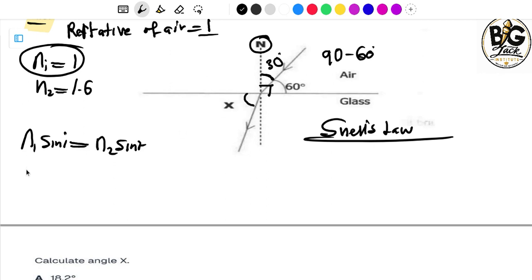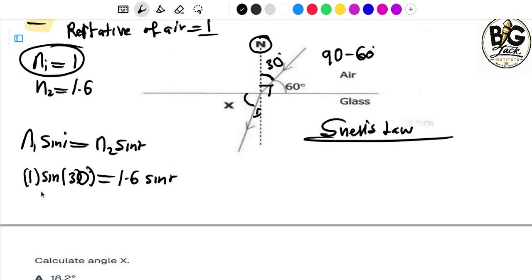Alright, so we have 1 here, and then sine of the incident angle, which is 30. Then this is going to be equal to 1.6 here, then sine r. The first thing we have to do is calculate the angle of refraction and then subtract it from 90.